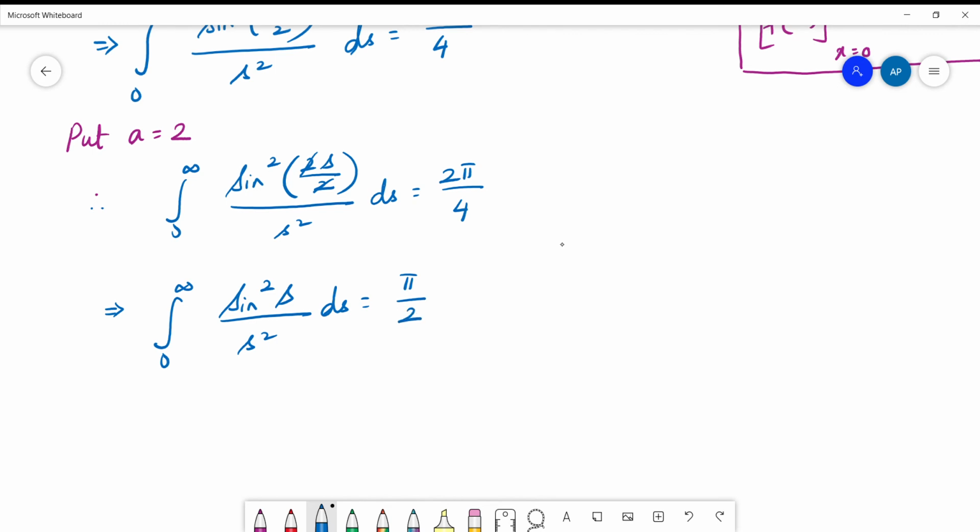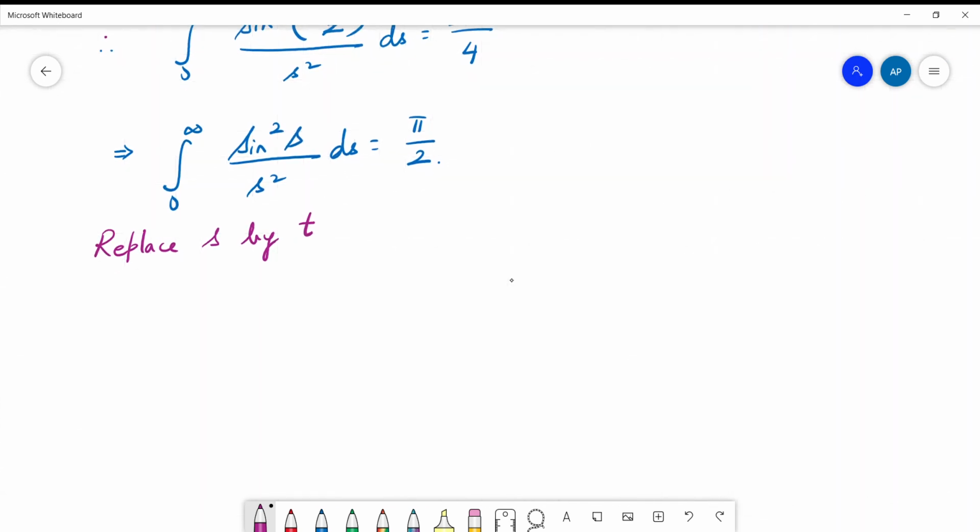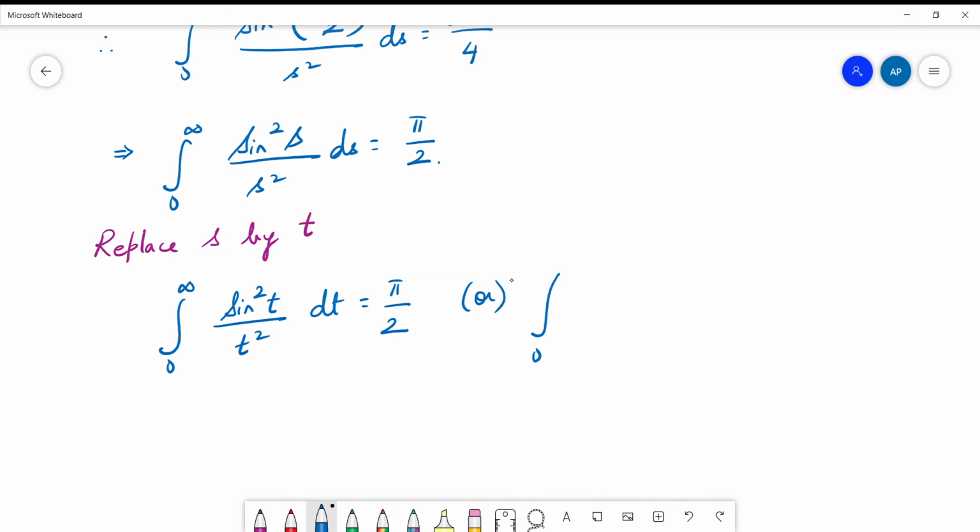But we want the dummy variable s to be changed to t. So replace the dummy variable s by t and rewrite it in the form that he wants, whether you write it as sine square t by t square or sine t by t the whole square. Your result therefore will be integral 0 to infinity sine square t by t square dt is equal to pi by 2, or if you want it in that form, 0 to infinity sine t by t the whole square dt is pi by 2.